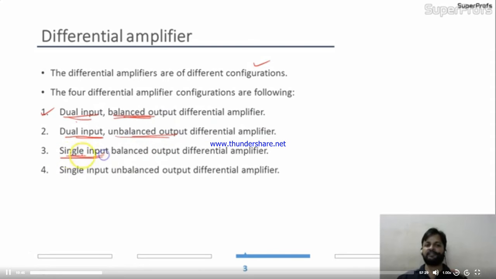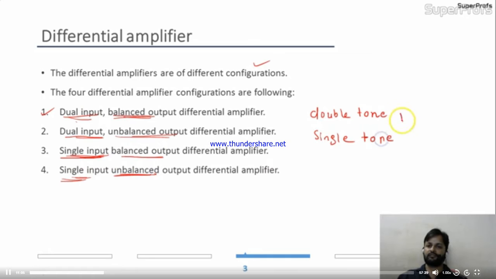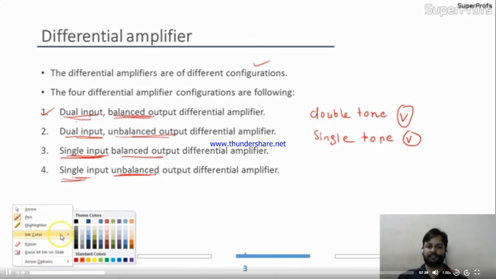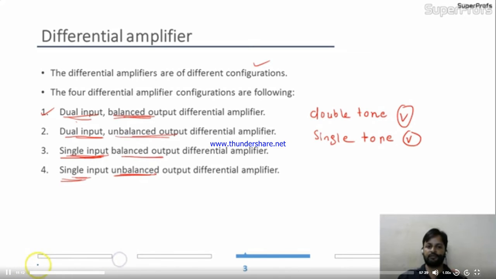Third will be single input and balanced output. Fourth will be single input and unbalanced output. This dual input, sometimes we call it double tone, and the single input, sometimes we call single tone circuit. Is it okay? Come to the next.